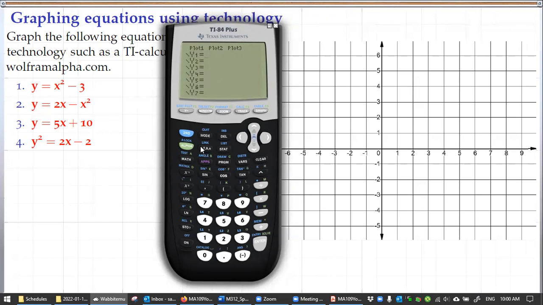We can use this button to get x, and then we have square over here, x squared minus 3. If you hit enter, that should give you the equation right here, and then hit graph. It looks like we need to fix the window. So go to window. For x minimum, let's put -5.